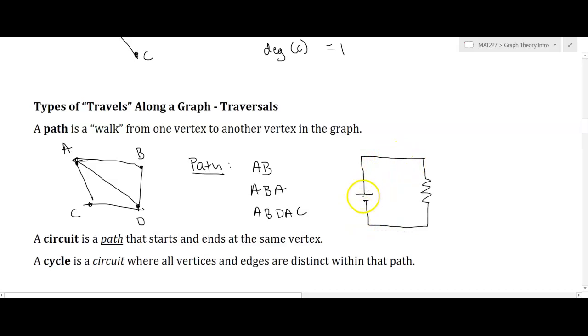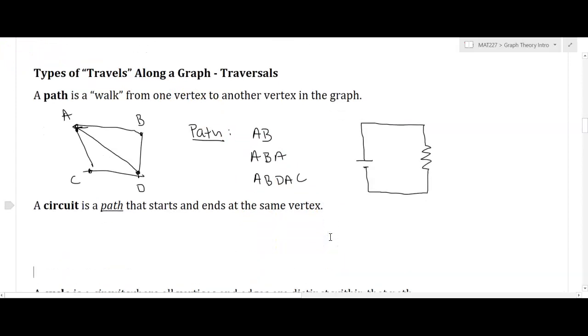We started at the battery and we end our wire at the other terminal of the battery, but still at the battery. So a circuit is a path that starts and ends at the same vertex. A path has no restriction. A circuit is a path, meaning it's just a travel from one vertex to another, but you have to end at the same vertex you started at.